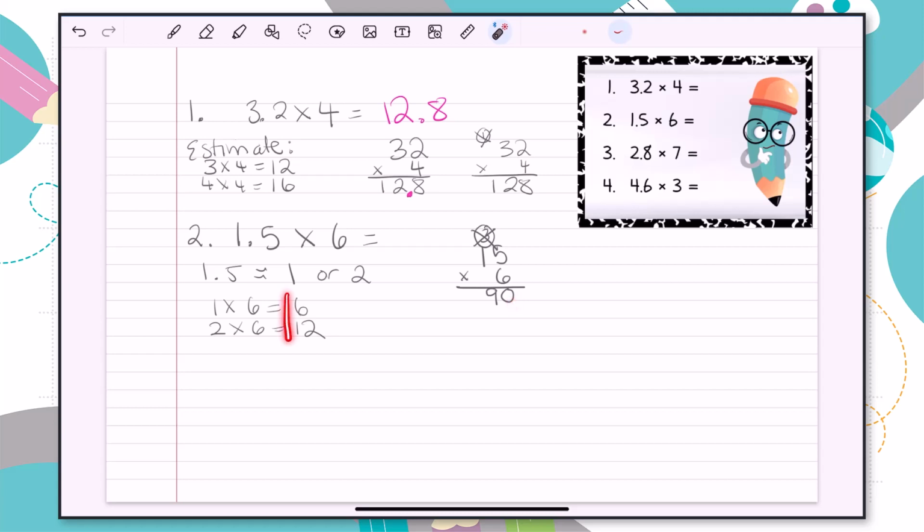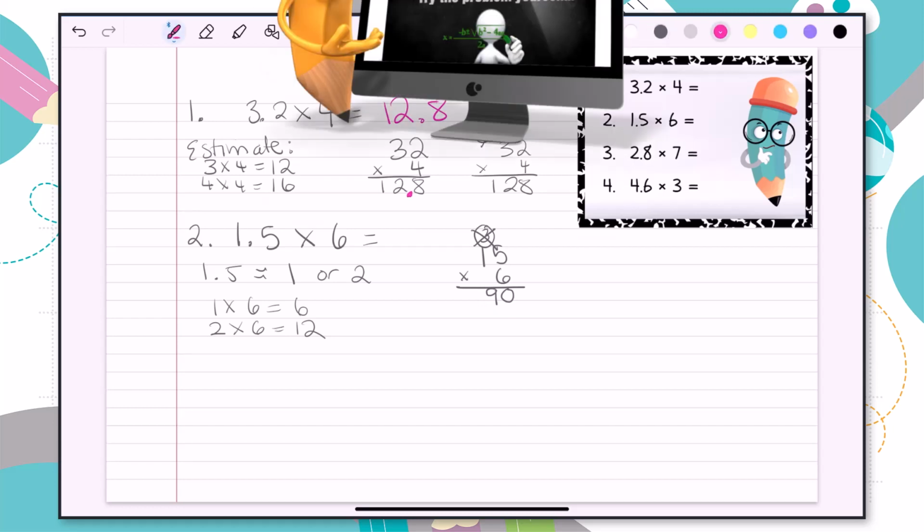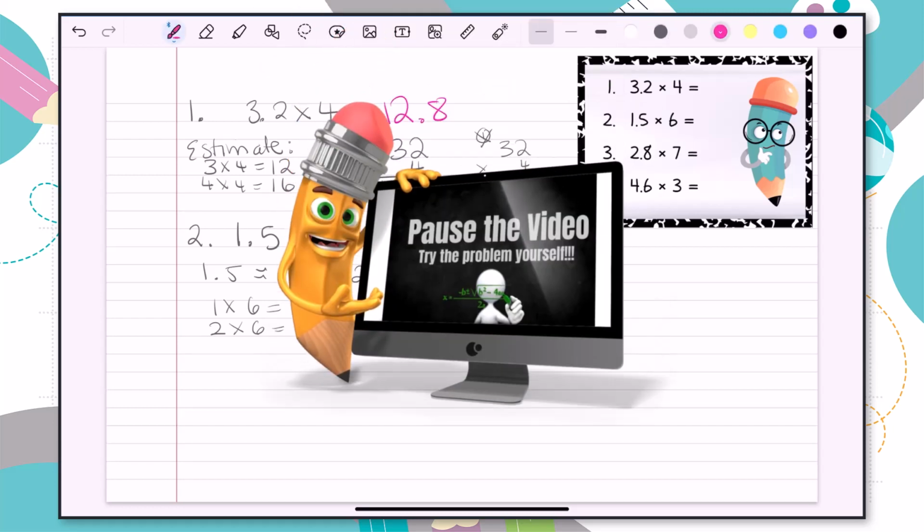So we need to put the decimal point somewhere where the answer is between 6 and 12. If I put it at the end, the answer would be 90. If I put it between the 9 and the 0, the answer would be 9. And if I put it in front of the 9, it would be way too small at just 9/10. So it makes sense for the decimal point to go between the 9 and the 0.